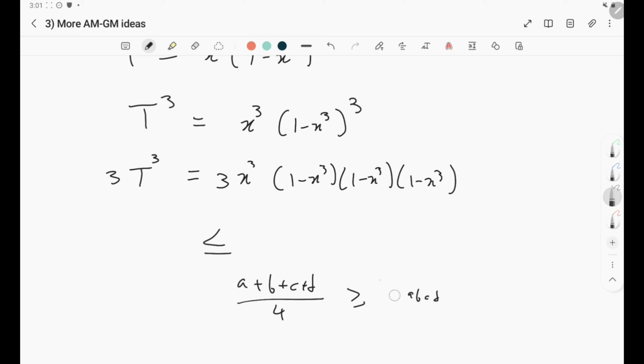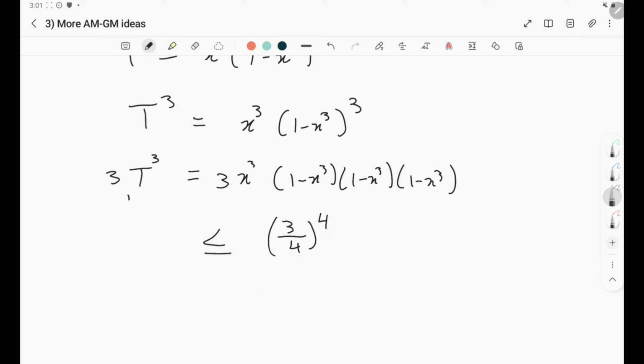If we want to get rid of that root, we need to raise this to the power 4. Here we have abcd, and we want the sum, so we need to divide that by 4. So 3 over 4, and take all of that to the power 4. So now it will be 3 over 4, all to the power 4. All right.